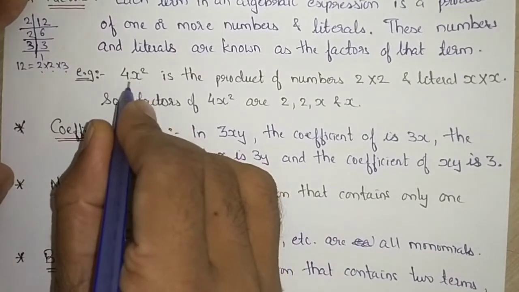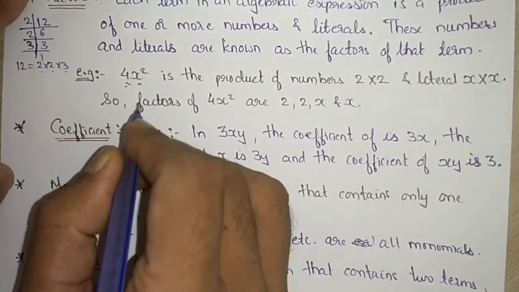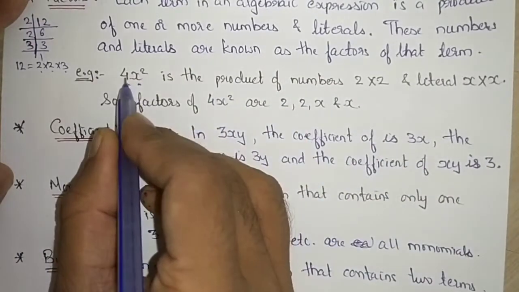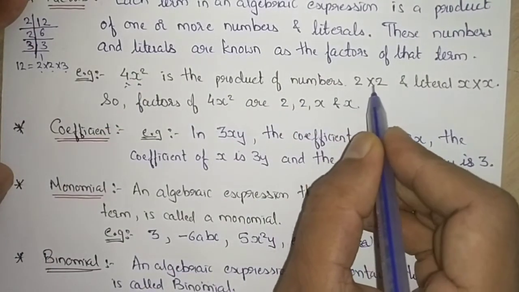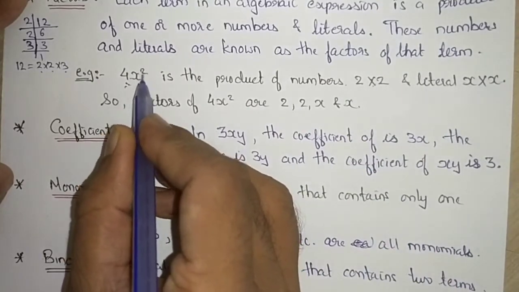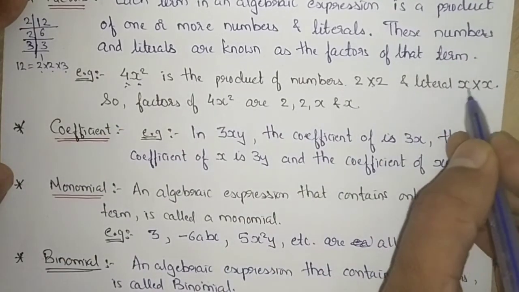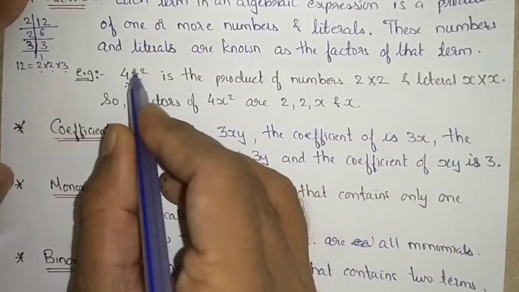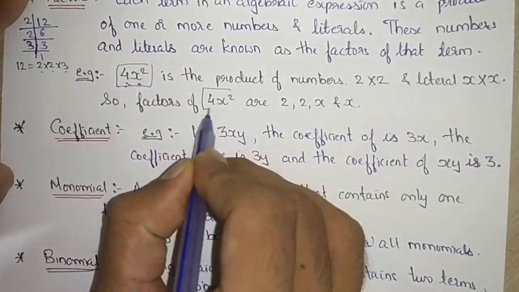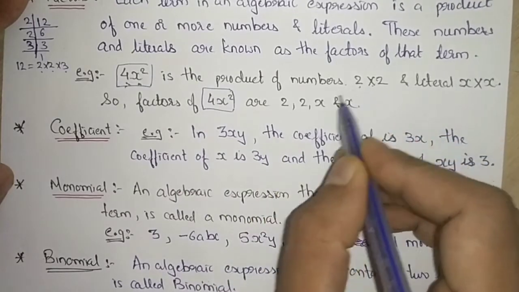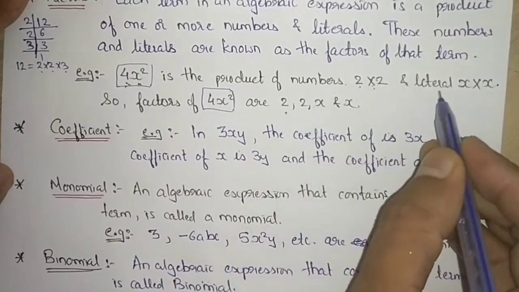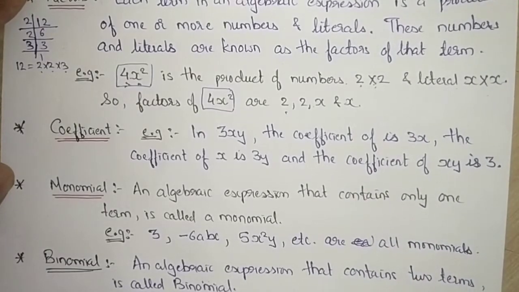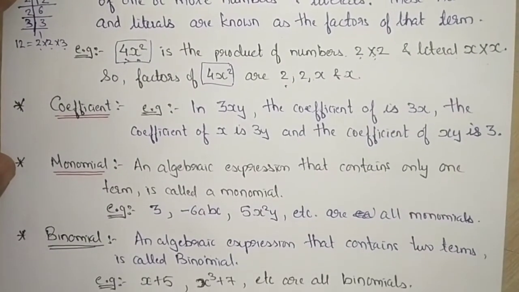Let us take one example, 4x square. Now 4x square is the product of numbers 2 into 2, and x square is formed by multiplying x into x. So the factors of 4x square are 2, 2, x and x. Hope you have understood.